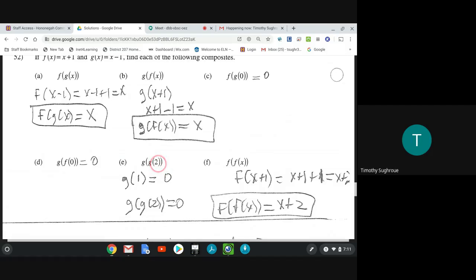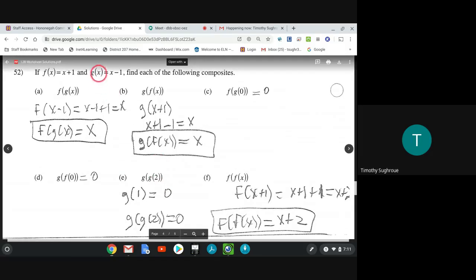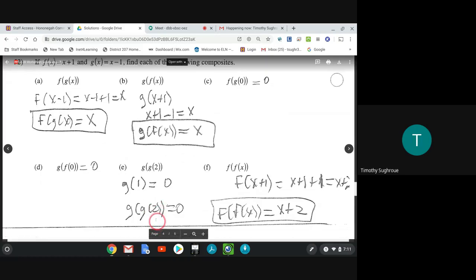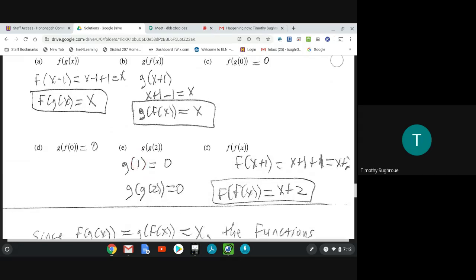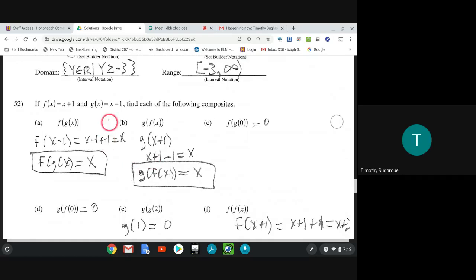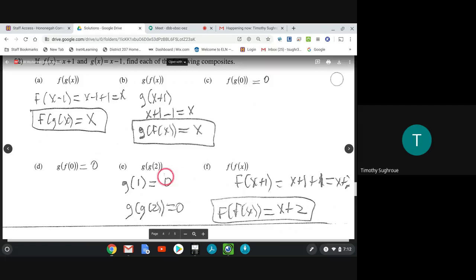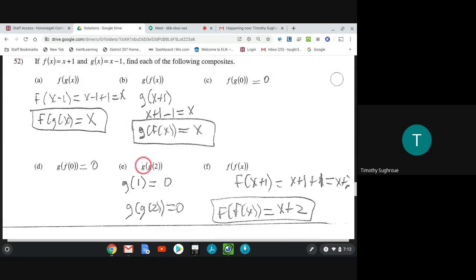Plug 2 into the g function. 2 minus 1 is 1. 1 is the output. That's why we now have to evaluate g at 1. This 1 right here is the output from g of 2. Now I plug 1 back into the g function. If I plug 1 into the g function, 1 minus 1 is 0. Therefore, this composite equals 0.